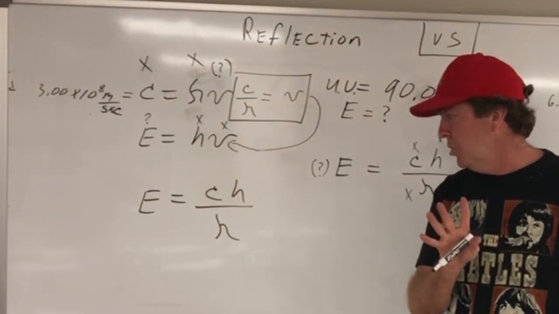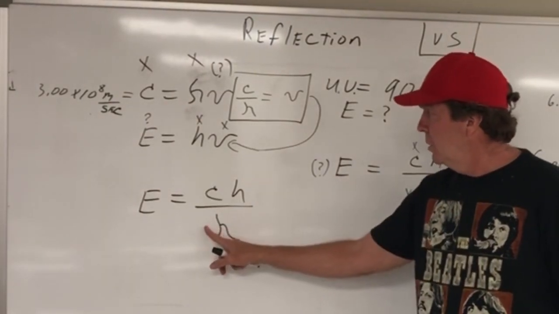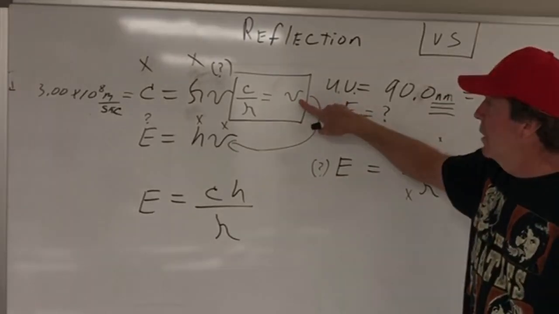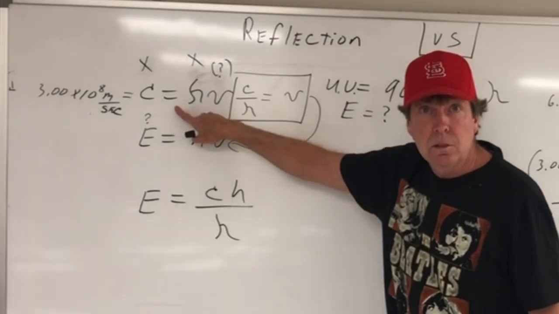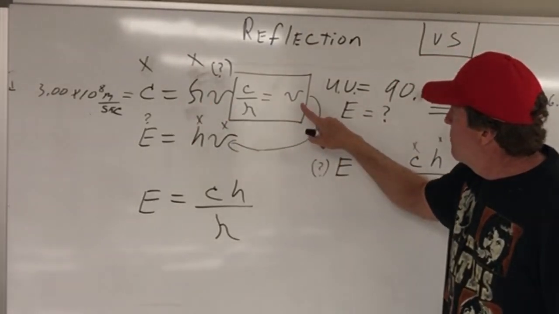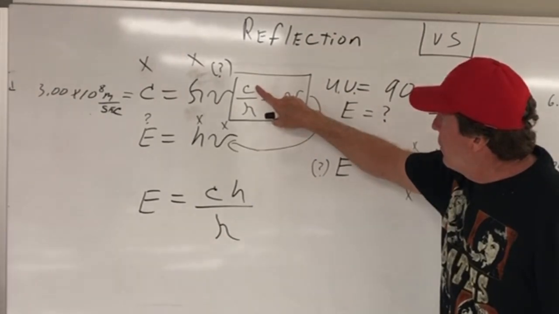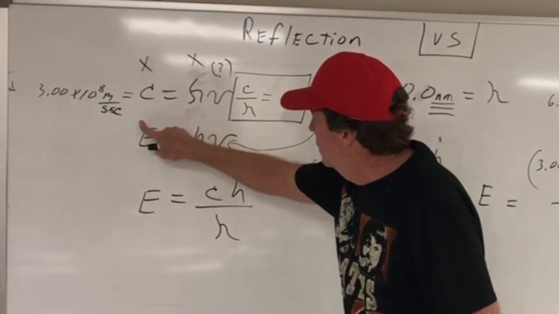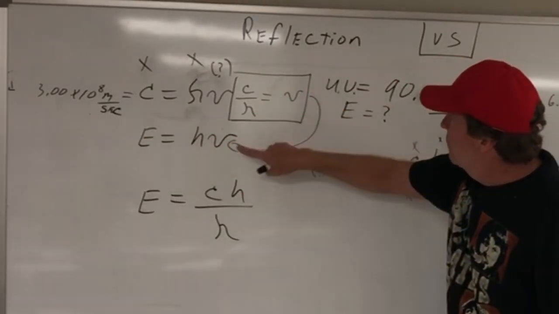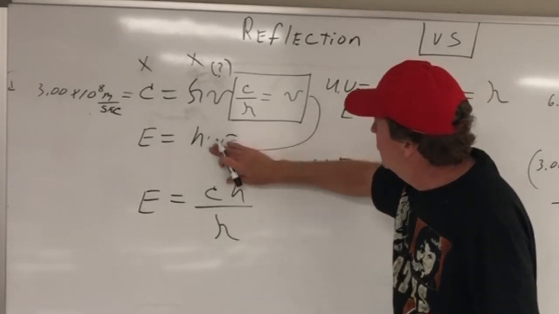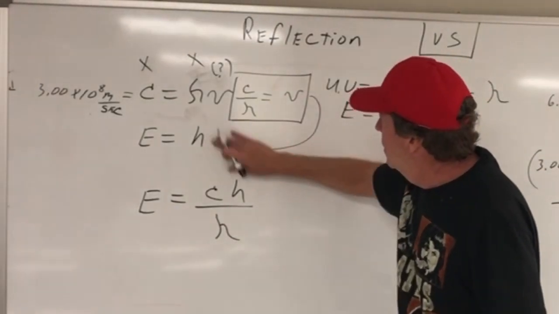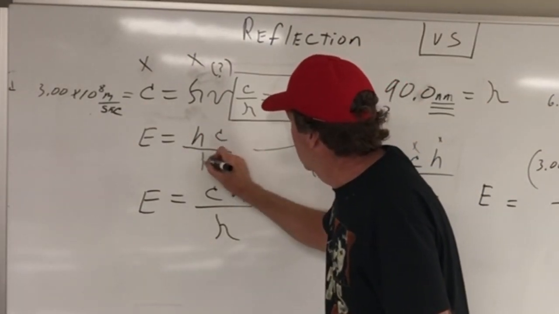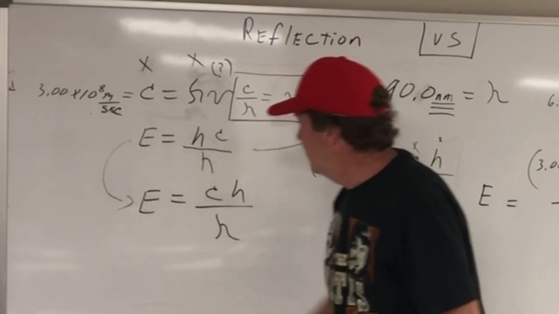I'm seeing a relationship here. I'm looking at these two, especially this algebraic derivation of this. So notice, if I substitute in this for frequency, frequency equals C over lambda, and that was easy.